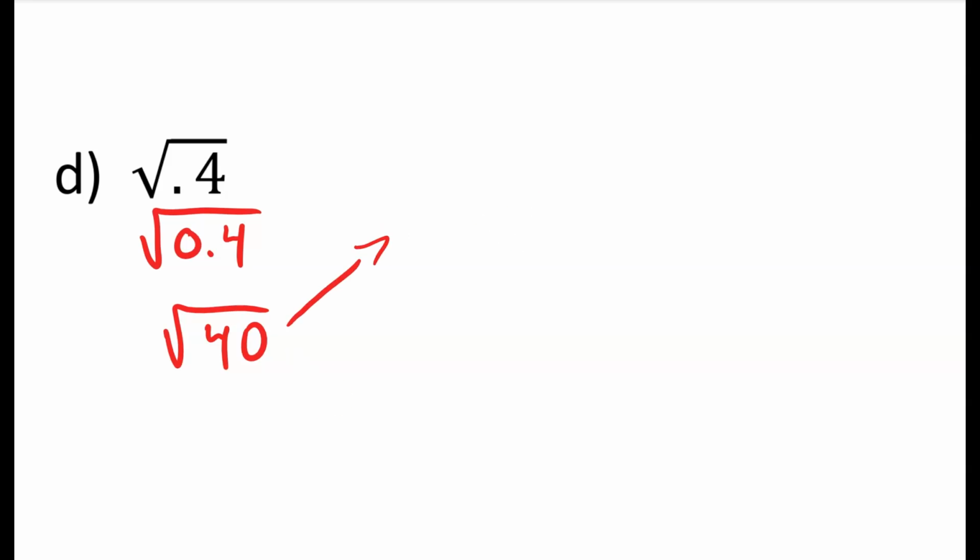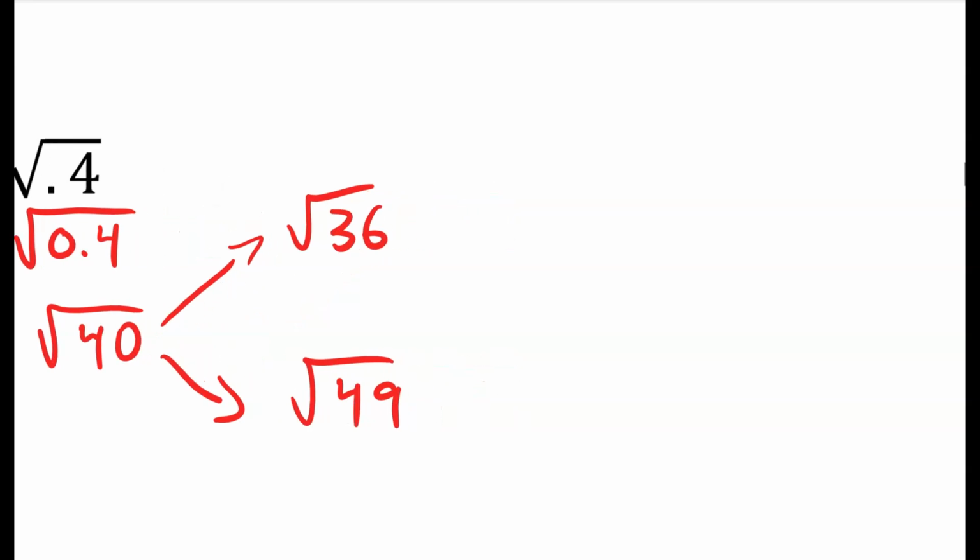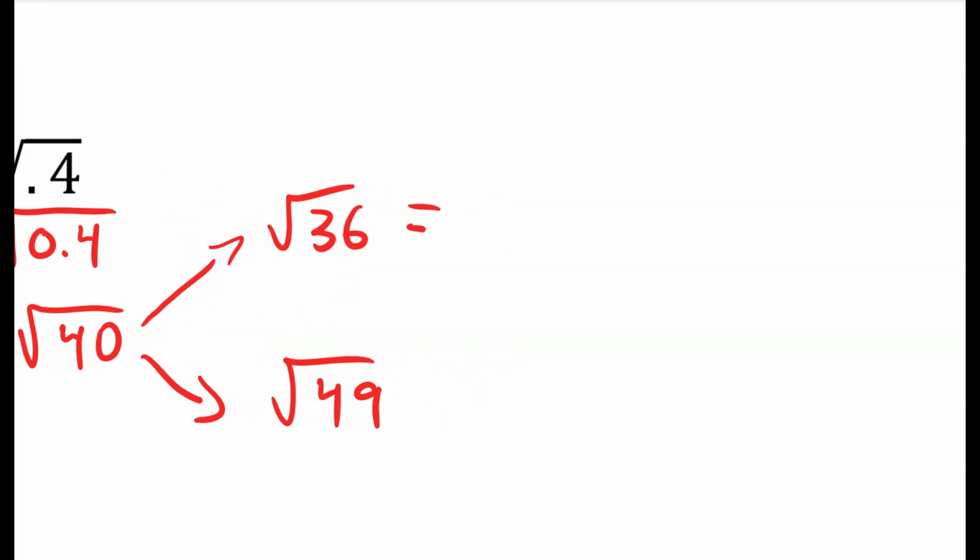Below would be root 36, and above would be root 49. Root 36 gives us 6, and root 49 gives us 7, so we know our answer has to fall in between 6 and 7.